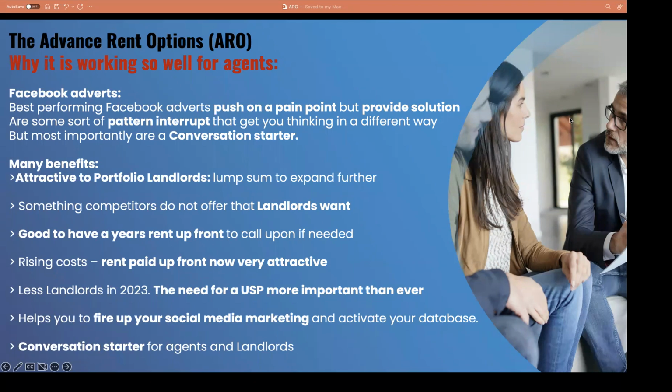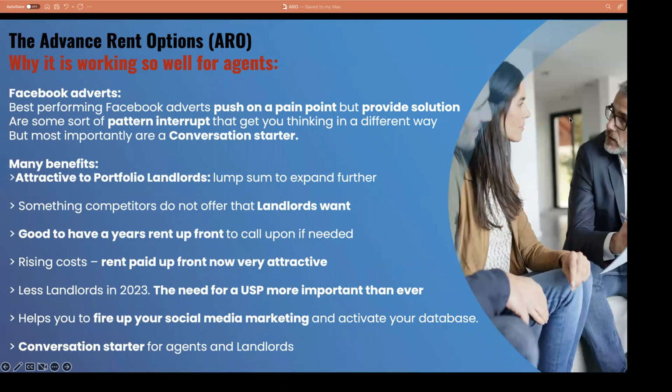There are 14 sales and lettings businesses using ARO for just over 4 years, and it's enabled them to significantly grow their lettings portfolio within that time. I think it's up around 30%, and that business is a 2,500 to 3,000 managed property business, so a significant uplift just as a direct result of having something unique like the ARO.